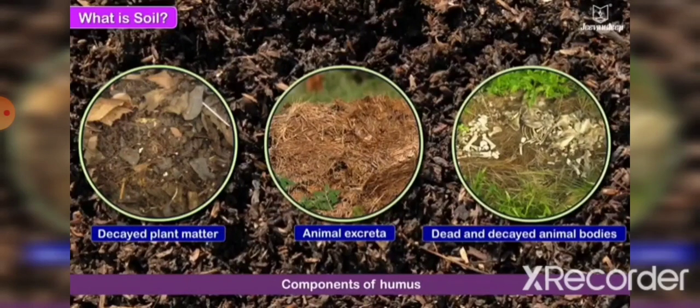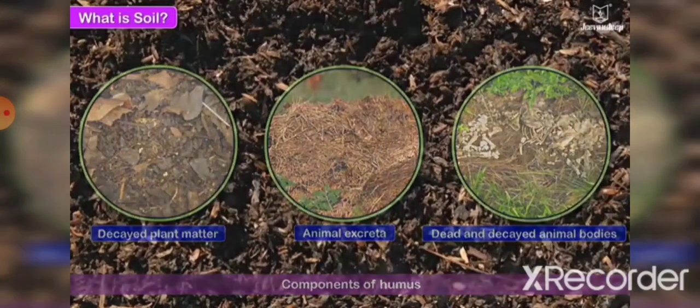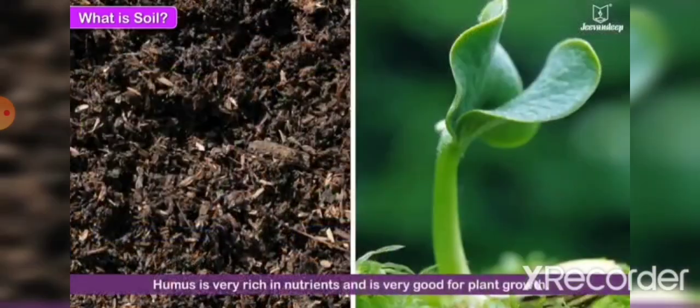The animals which are dead, their bodies decay in the soil, and that is the content of humus. Humus is very rich in nutrients and is very good for plant growth. Humus is a kind of manure.